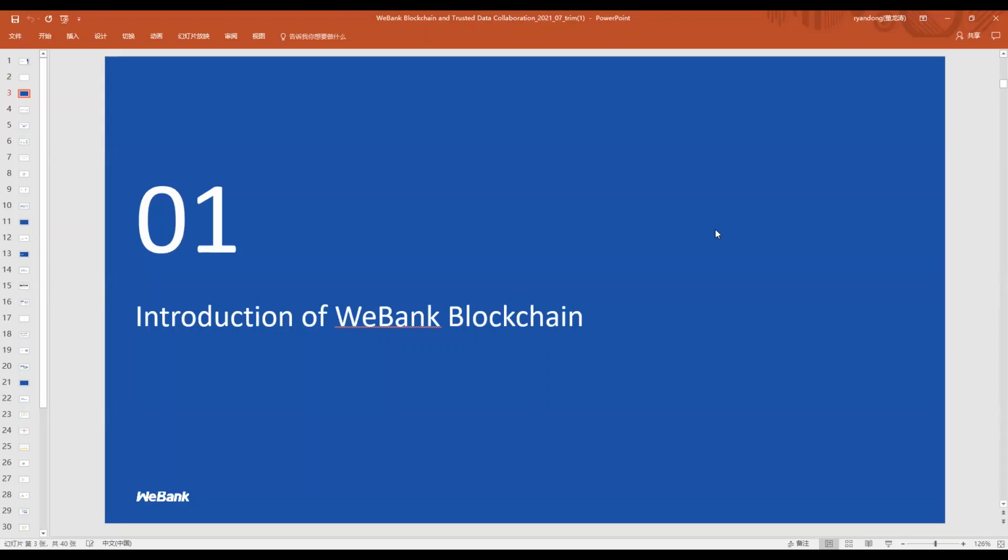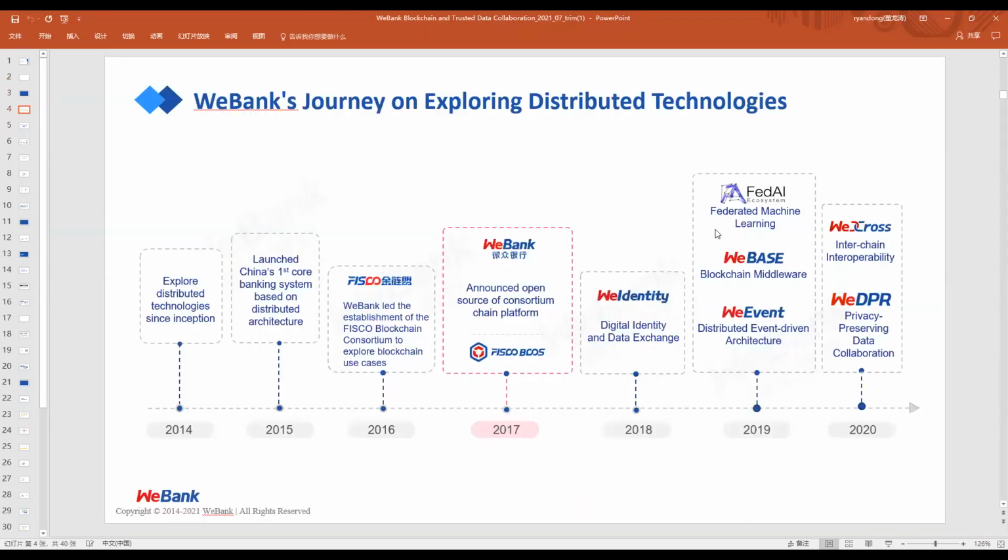About the WeBank blockchain. As you know, WeBank is a leading digital bank in the world. In order to achieve this, we are very different from a traditional bank, and technology is a very important part of our bank strategy.